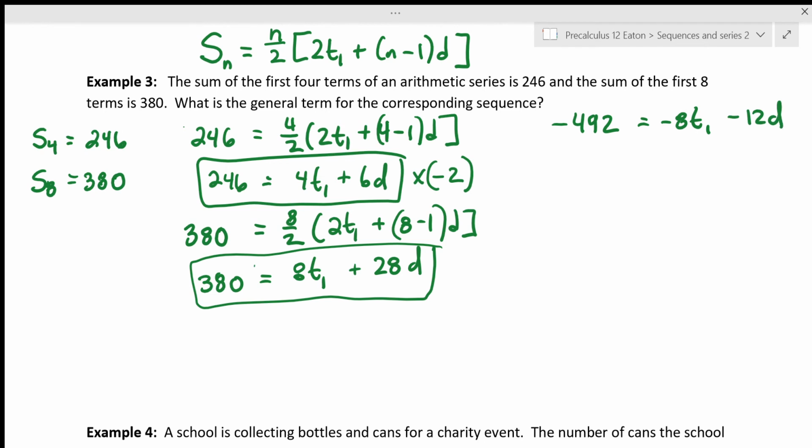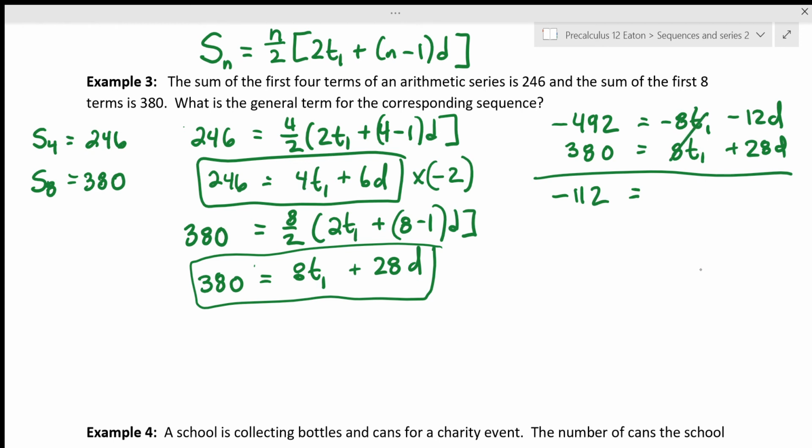I write my other equation below it, 380 equals 8t1 plus 28d. Then I add. I get negative 112 equals 16d. Dividing by 16, I get d equals negative 7.